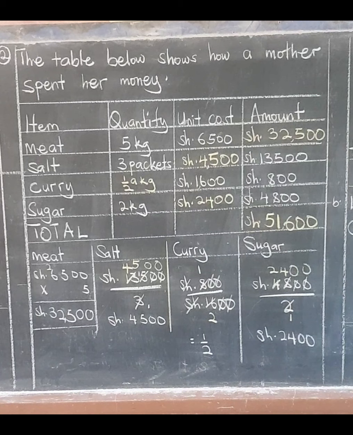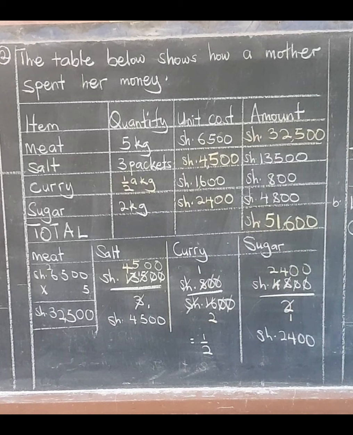But remember, in our triangle, we said amount is equal to unit cost times quantity. Therefore, get 6,500 times the 5 kilograms of meat bought, which will give us 32,500 shillings.